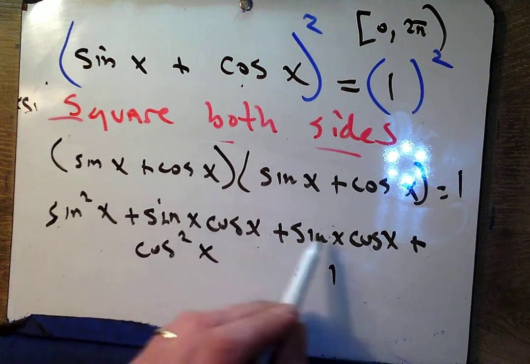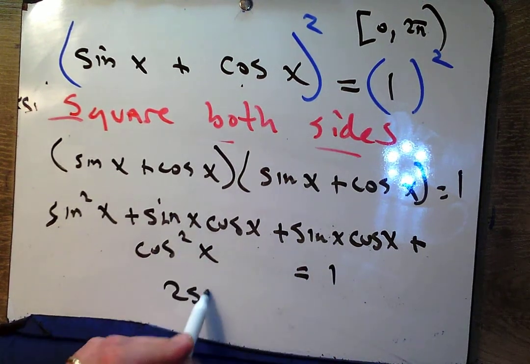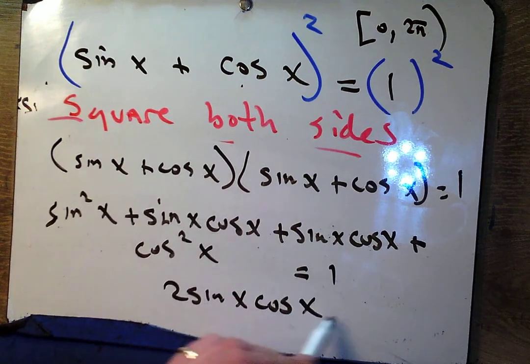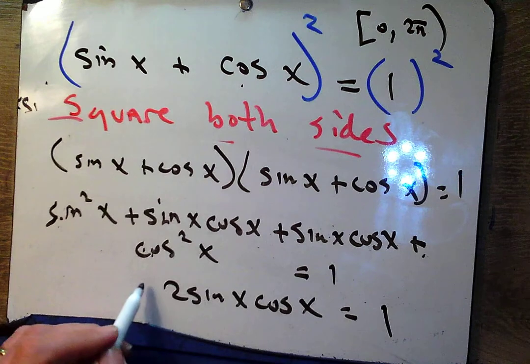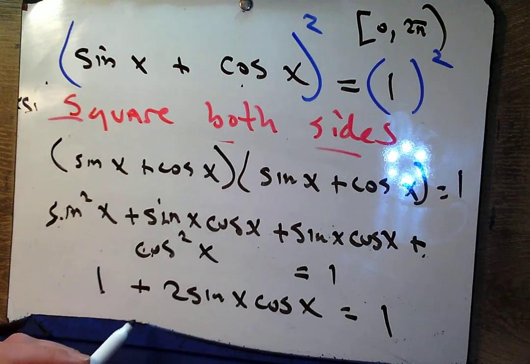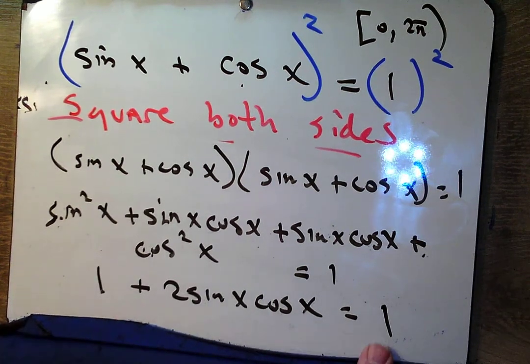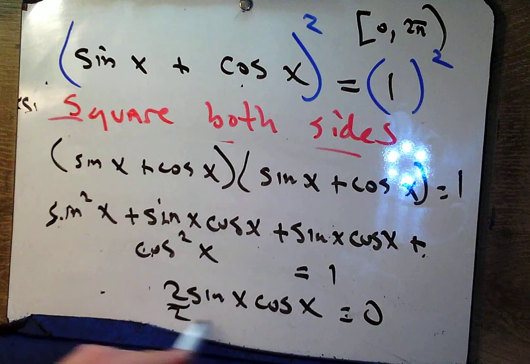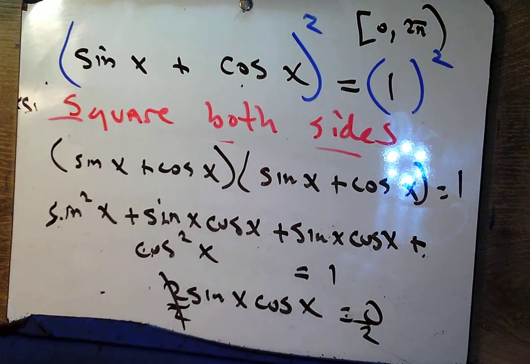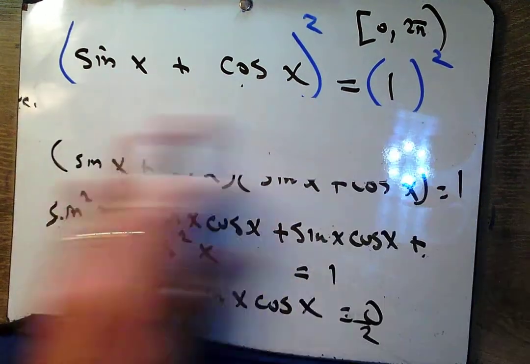I can combine like terms. So I've got 2 sine x cosine x. And over here, sine squared plus cosine squared, well, that's 1. And then I can subtract 1 from both sides. And now I've got this. And you know, divide both sides by 2, you'll be happier. And so now we're at this place.